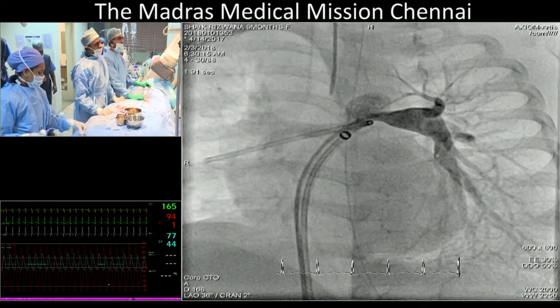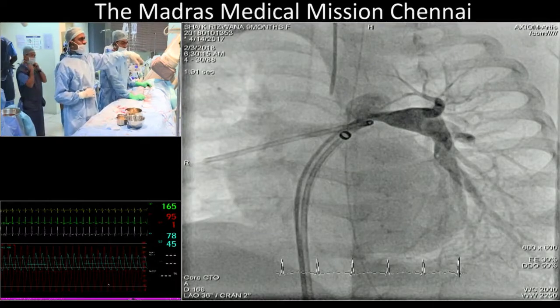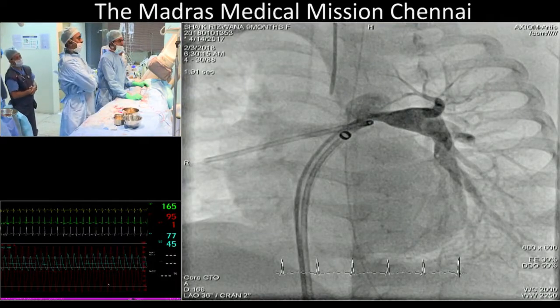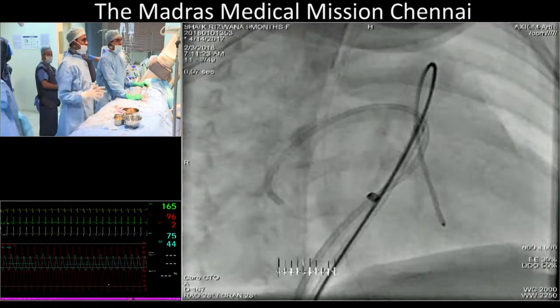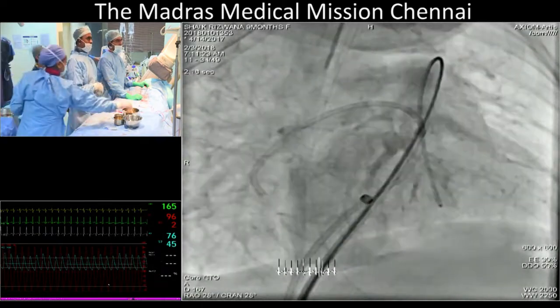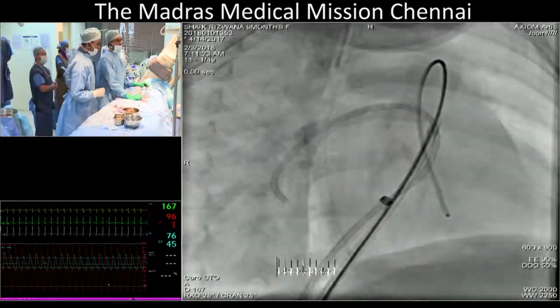Okay, so 8 millimeter. Show the last picture. What are you seeing, the pressures on the monitor? No, not much of a change. Actually, the RV right now is suprasystemic. So I'll give you an angio now.